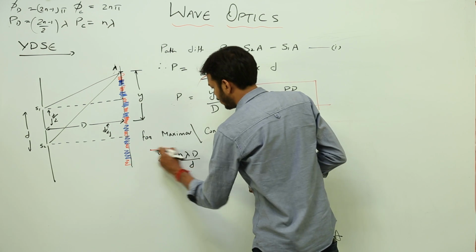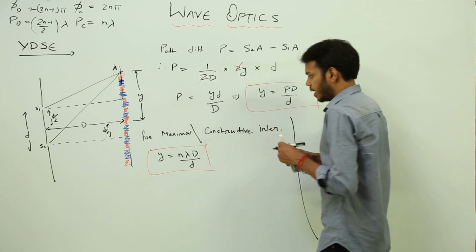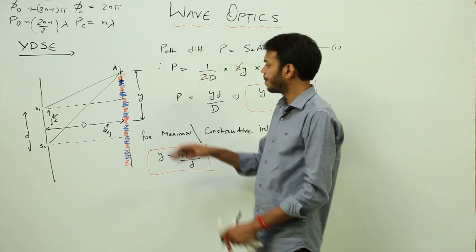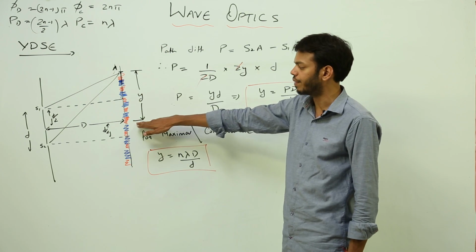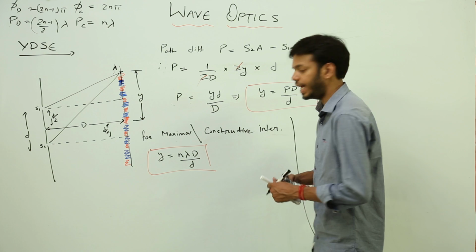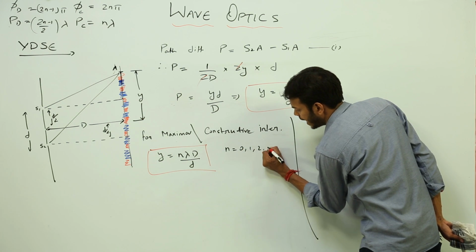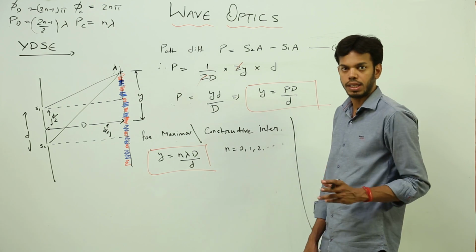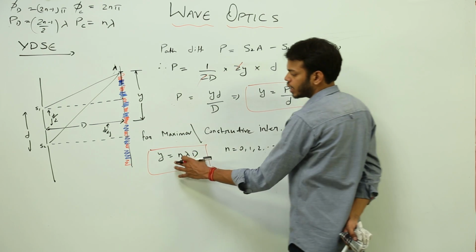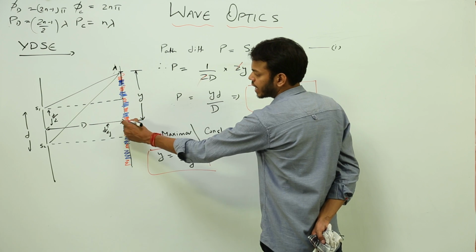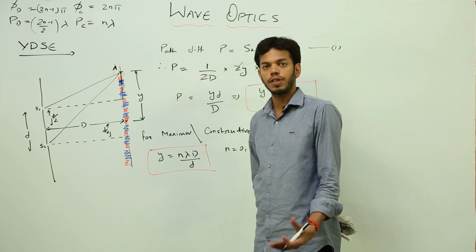This is an expression for the position of bright fringes from the central one. Now we know that n is equal to 0, 1, 2 and so on for maxima. Put n equal to 0 in this equation, so y equal to 0 from the center, that means the central most itself is the bright fringe.